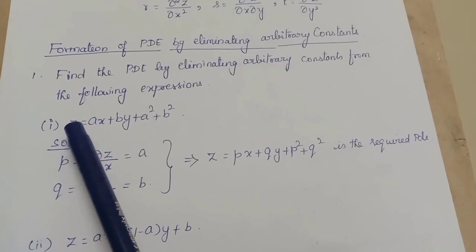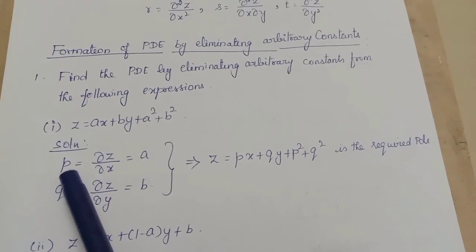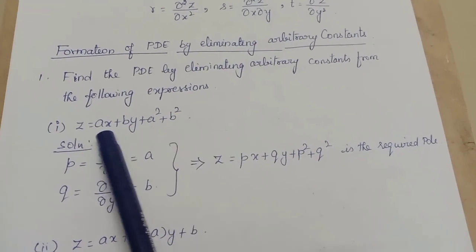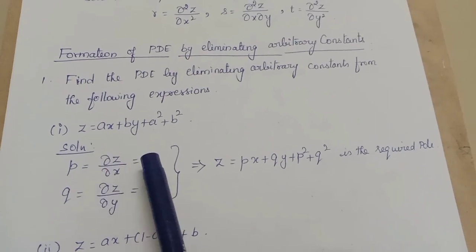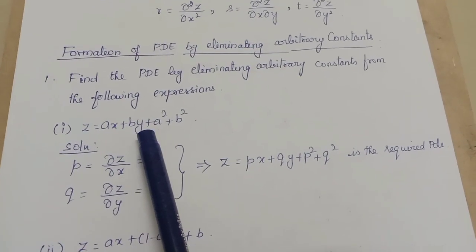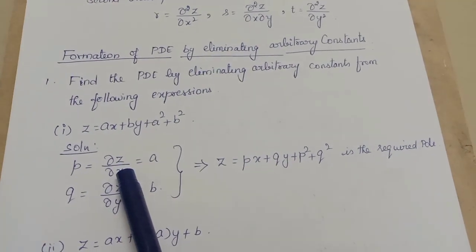When you differentiate with respect to x, we get dou z by dou x, that is represented by p. So p equal to dou z by dou x equal to, look at this expression. Here this is ax, so a into differentiation of x with respect to x is 1. So a only. Plus b y will become 0, because here y is treated as constant when you differentiate with respect to x.